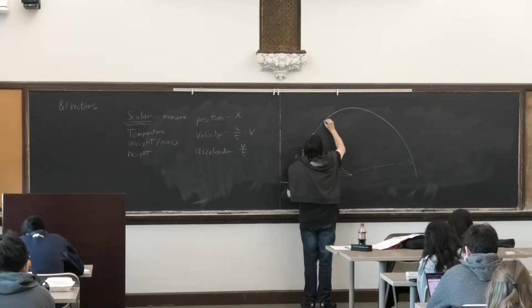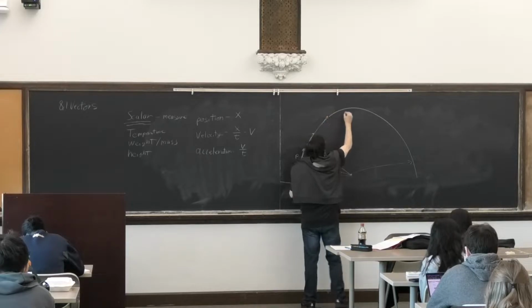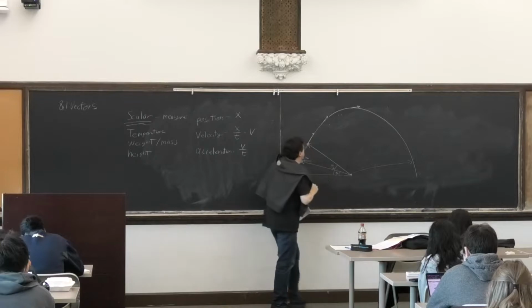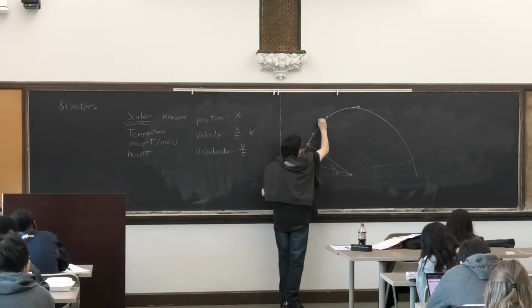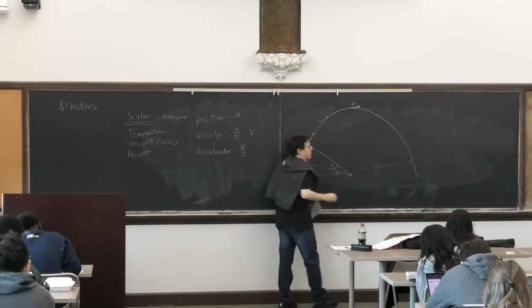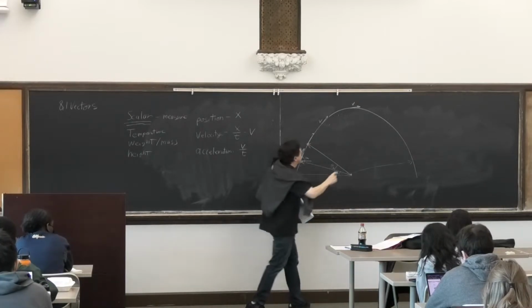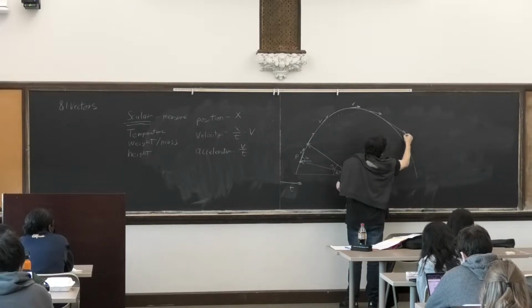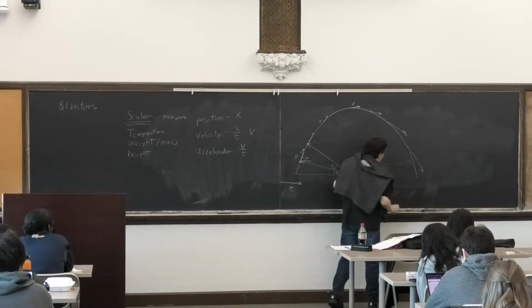As it moves, this velocity is going to get smaller and smaller until we hit the top, and then it's going to start getting larger and larger as it moves down.